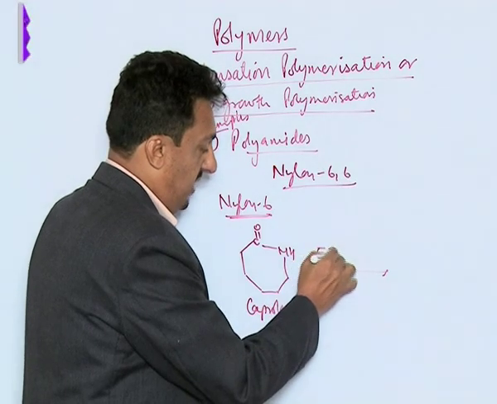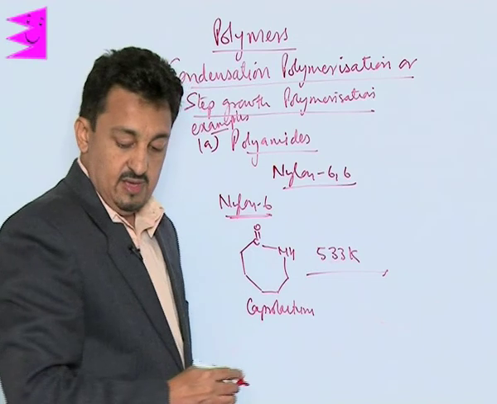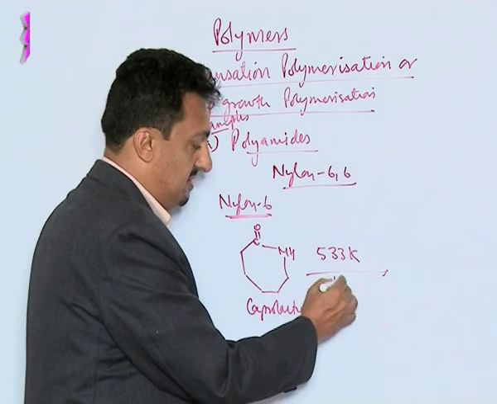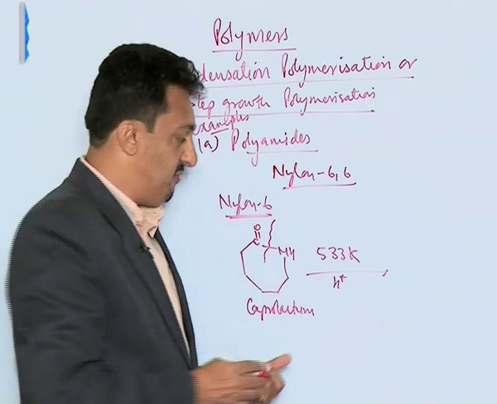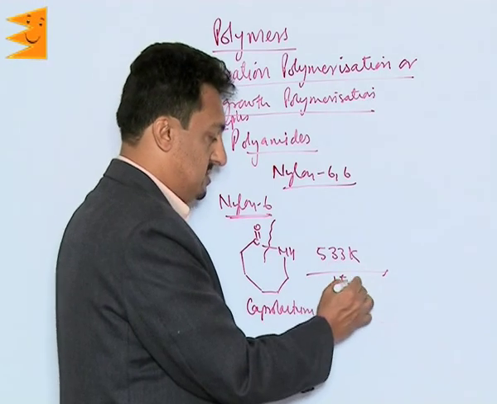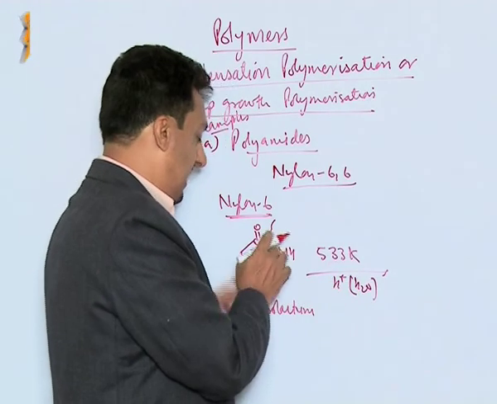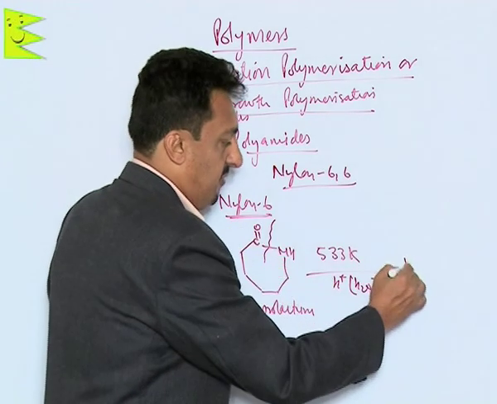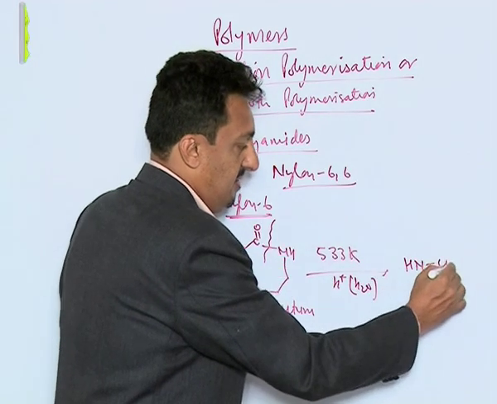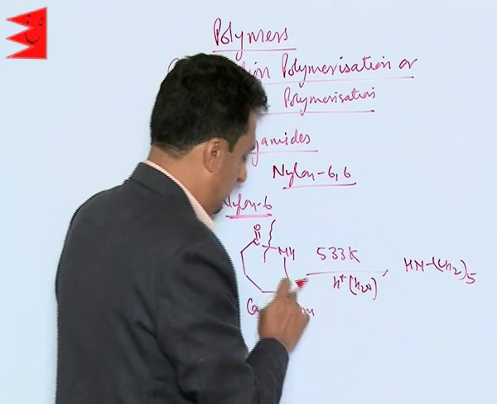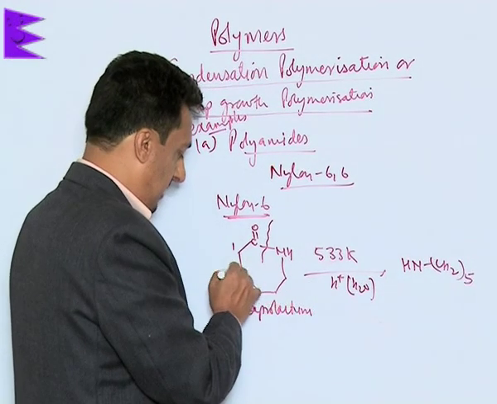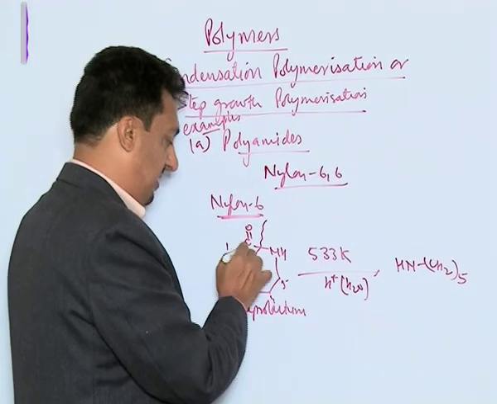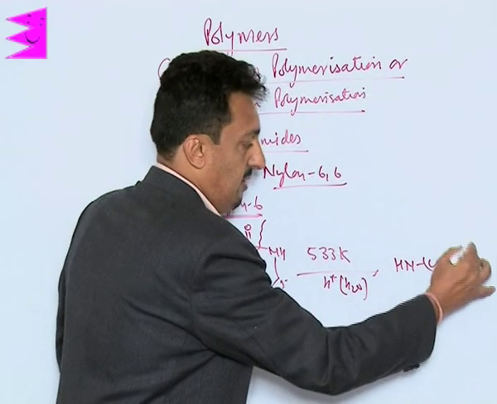This, at around 533 Kelvin in the presence of an acidic medium, breaks down from here, and during its hydrolysis it opens up, and what we get at the end is this: CH2, 5 carbons, 1, 2, 3, 4, 5, and the sixth one is the original carbonyl group.